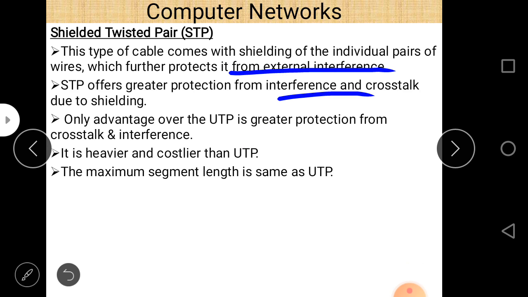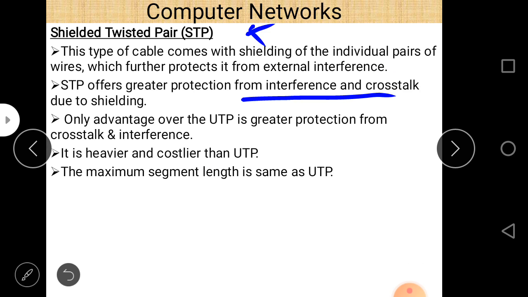It is heavier and costlier than UTP, and the maximum segment length is the same as UTP. So the basic difference is the shield. STP contains a shield and there is no shield in UTP, and because of the shield there is less interference and crosstalk in STP as compared to UTP.